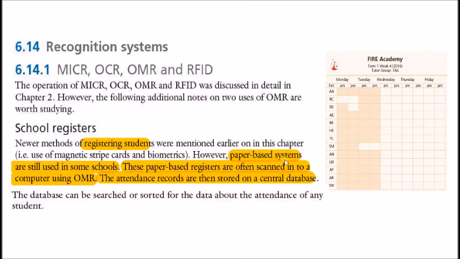And to use this, the paper-based registers are often scanned into the computer using the OMR, so the attendance records are then stored on the central database. And this is an example of one of the sheets which will be filled in by pen or pencil, then entered into the computer using this OMR.